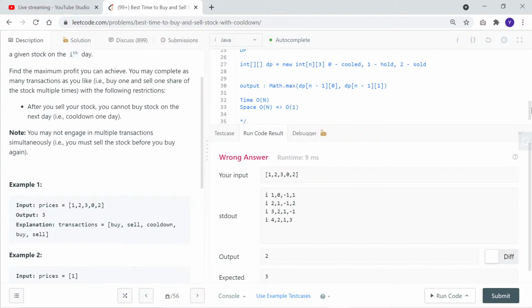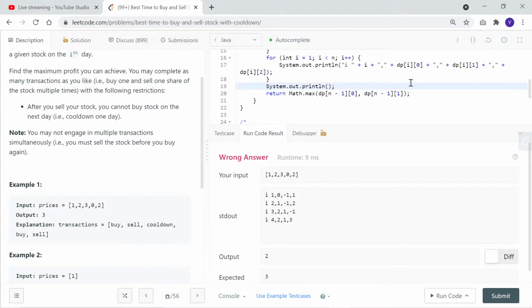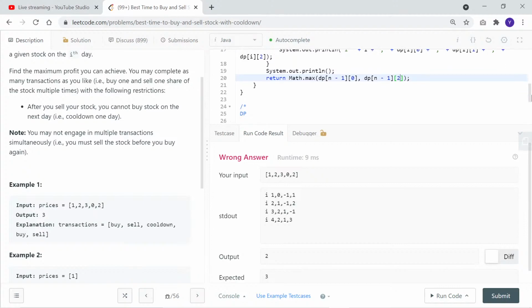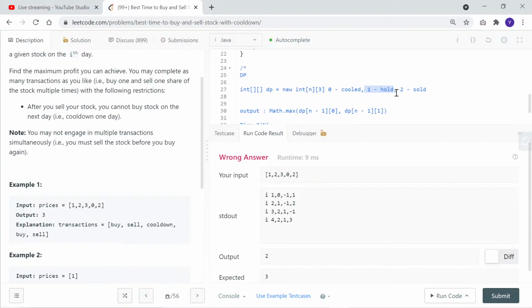But why... oh, yeah, actually I think I made a mistake. This should be 2. For the output, there can only be two states: one is cooled, one is sold.